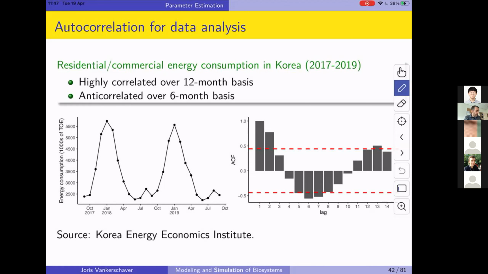What we have here on the left is the energy consumption of residential and commercial properties in Korea from the year 2017 to 2019. So we have about 24 months worth of data, the energy consumption in thousands of tons of oil equivalent, so some measure of energy.